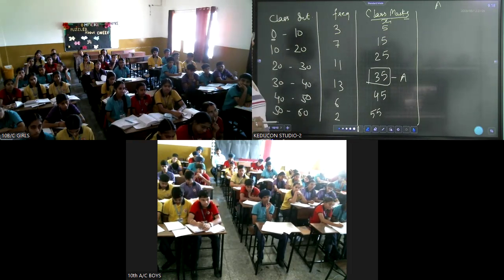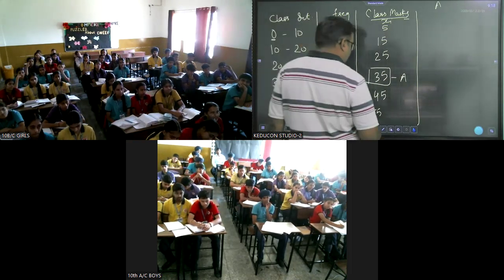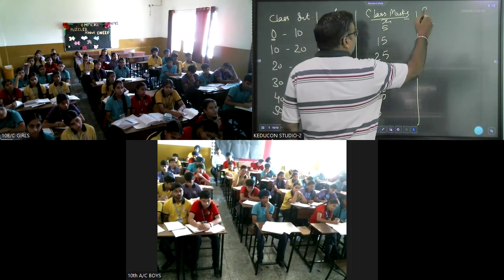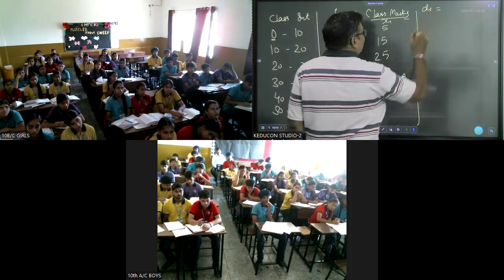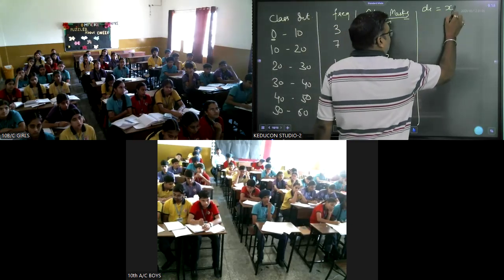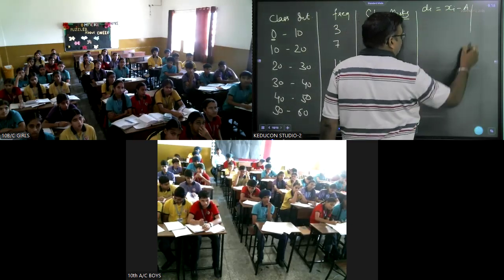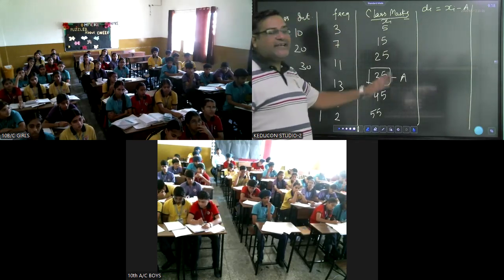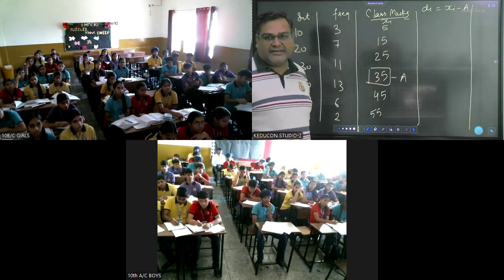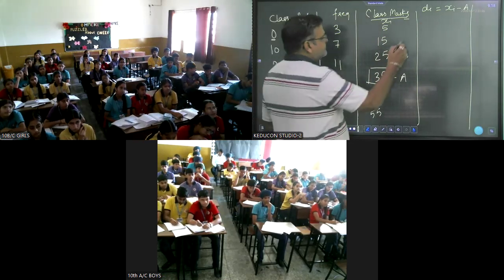Now what we have to do, we have to find here di. What is di? It is the difference of the class marks and assumed mean. Right, students? So di is xi minus A. 5 minus 35, what will it become?